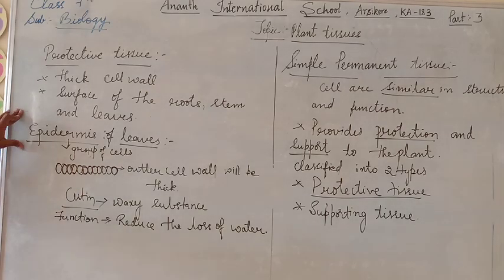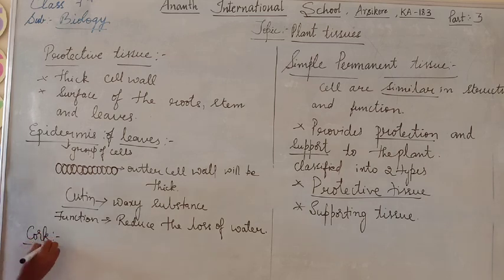The epidermis, along with cutin, is part of the protective tissue. Then one more, that is cork. Here the R is silent, so we pronounce it as cork.